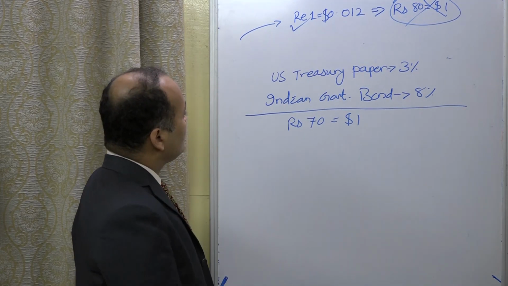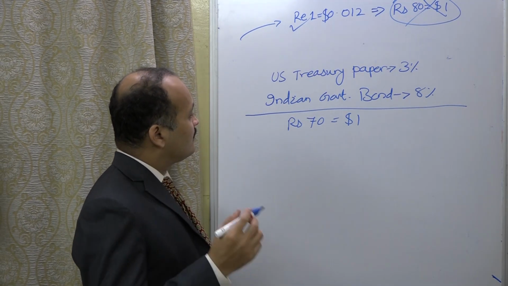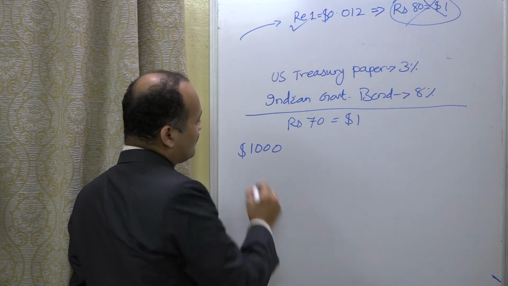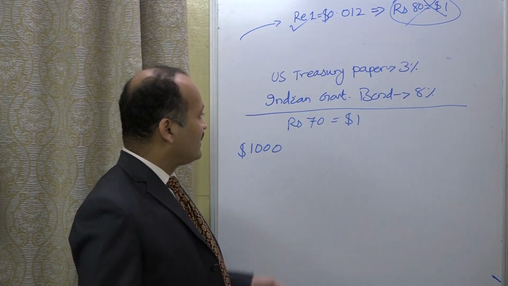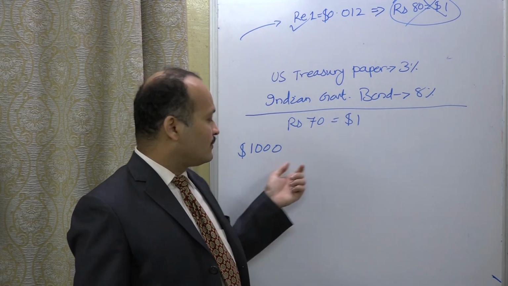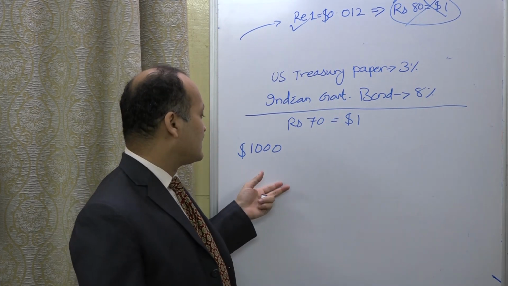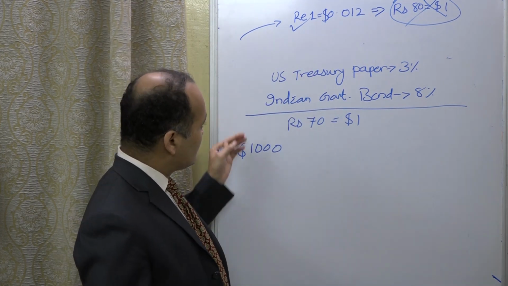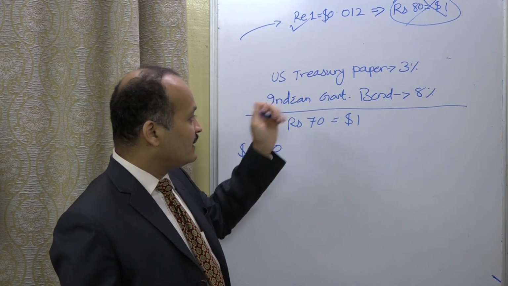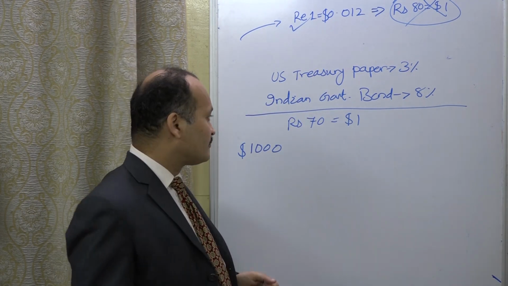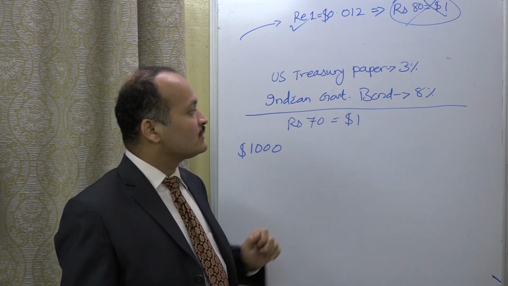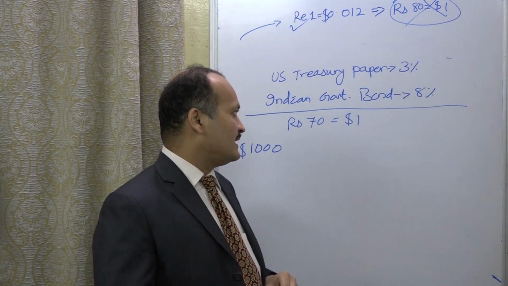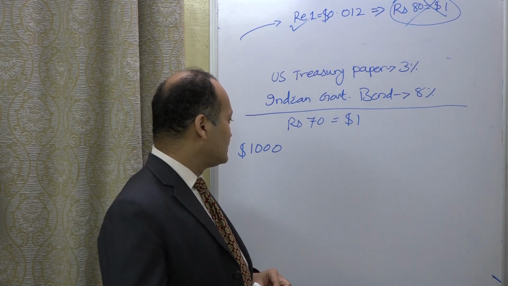Now, if a foreign investor has got $1,000, he can borrow in US at 3%, because that is the rate at which funds are available, and bring the funds to India and invest in government bonds, which is a relatively safe return. He gets 8%, so there is a 5% net return he can make.